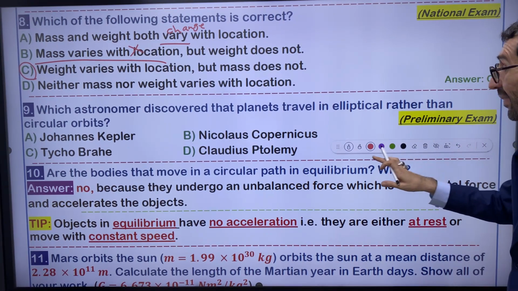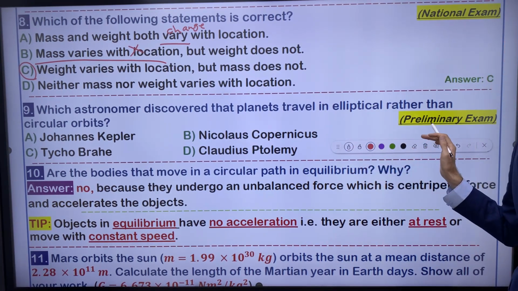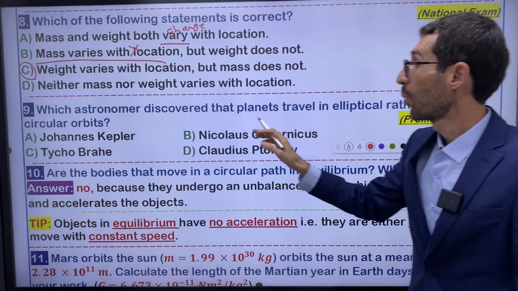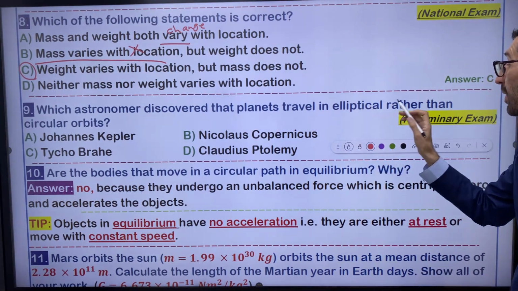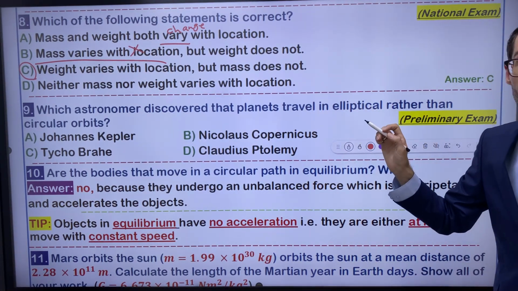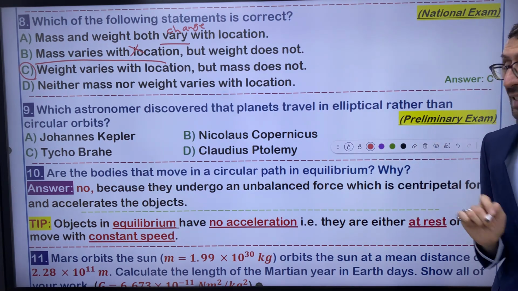Question number 9, it's the question of the preliminary exam. Which astronomer discovered that the planets travel in elliptical rather than circular orbits?